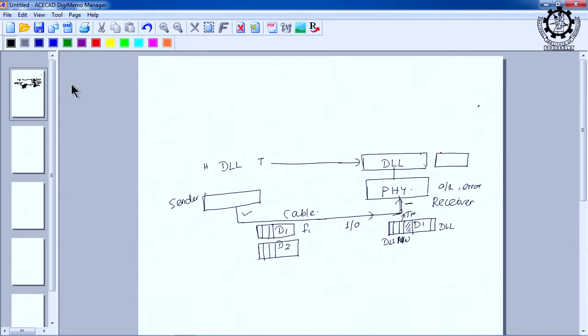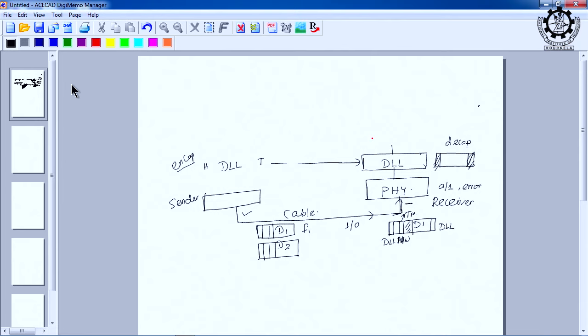So, it decapsulates the header and the trailer that were encapsulated by the corresponding sender, right. Whatever was encapsulated here is now decapsulated at the receiver side. After doing this, the DLL sends the data to its upper layer, that is the network layer.